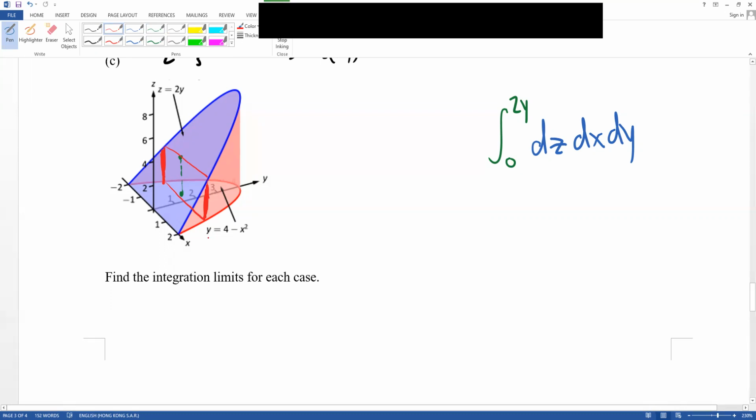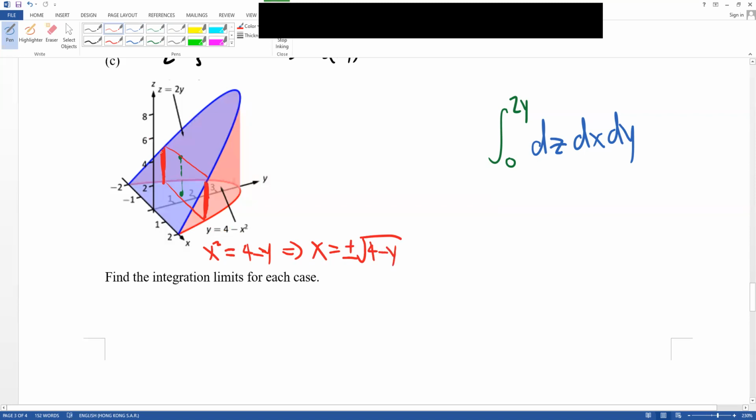So then I have this relation between x and y given here. So this one is of course a positive, right? This one is negative. So from here, I know that it's x squared equals 4 minus y. So that means x is equal to plus or minus square root of 4 minus y.